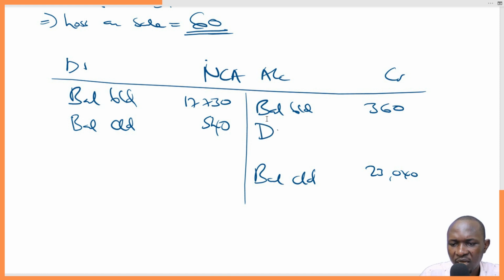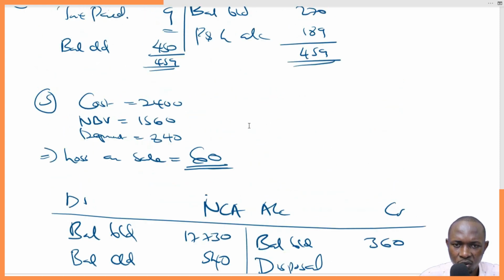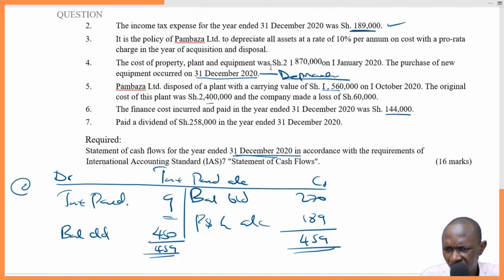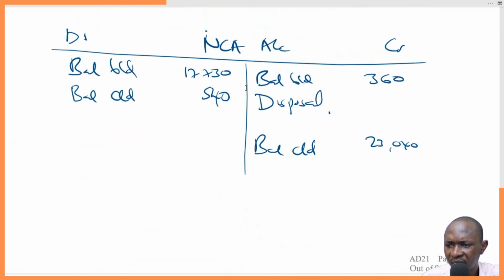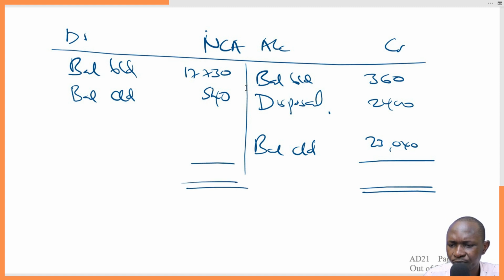Then of course there was a disposal. And for the disposal, we take the cost of the item that we disposed. Its value was 24. So we just pick it as it is, 24. So I think that's all that we need to have. So let's get the total here.